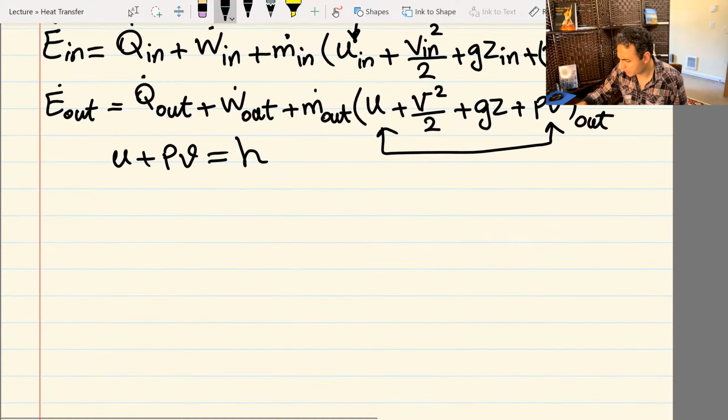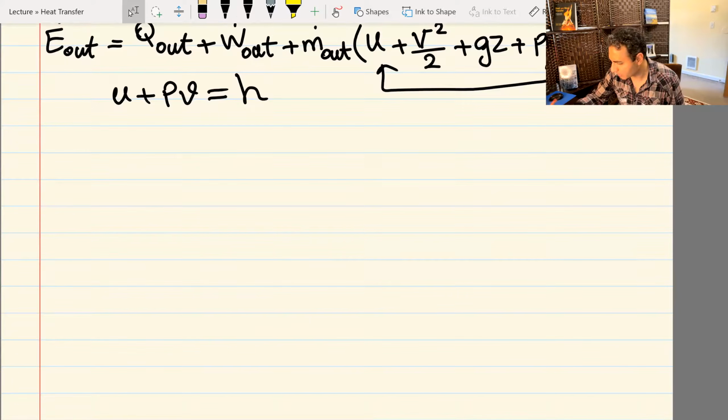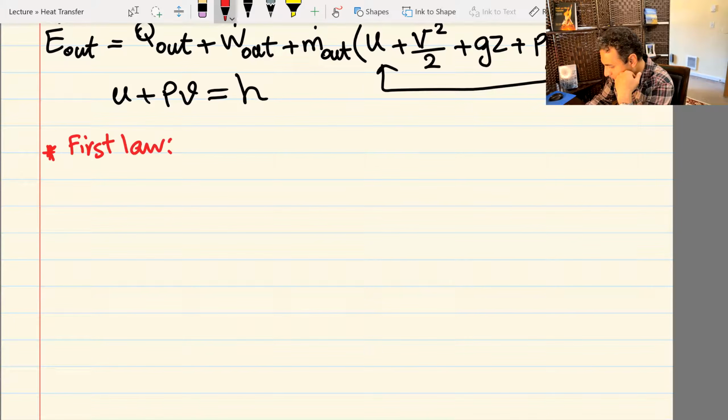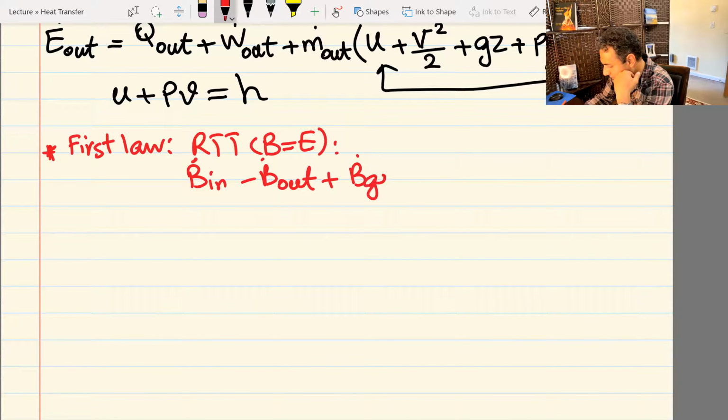Okay, so let's just write the first law of thermodynamics. I'm going to use a different color because now we have the actual first law of thermodynamics, so we want to emphasize it. The first law of thermodynamics is going to look like this. When you put the whole thing together, first law comes from this. Reynolds transport theorem says if B equals energy, then B dot in minus B dot out plus B dot gen equals dB control volume dt.